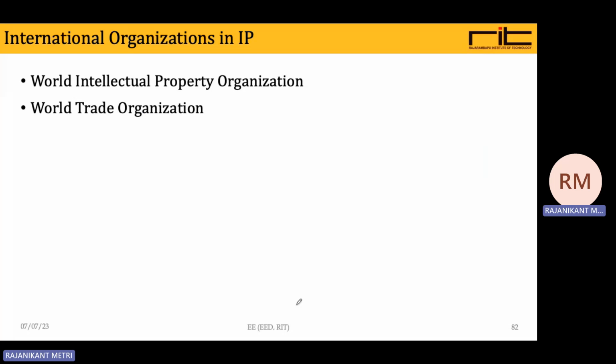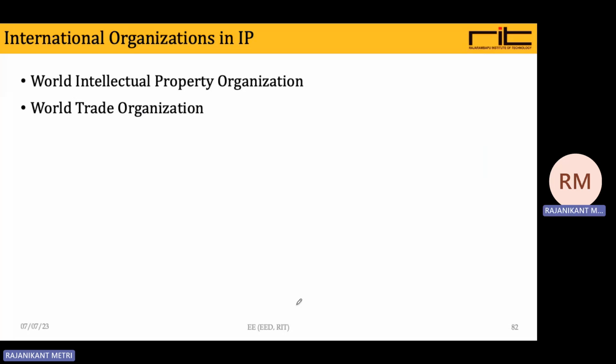Suppose you have patented some product and some other person is willing to use your product for his applications. Then he or she can take permission from you and use it, and some support is given to you, but at the end the ownership of that particular product remains with you only. That process is known as licensing.